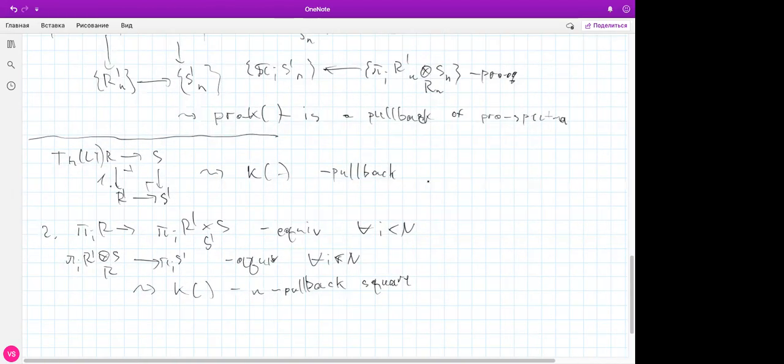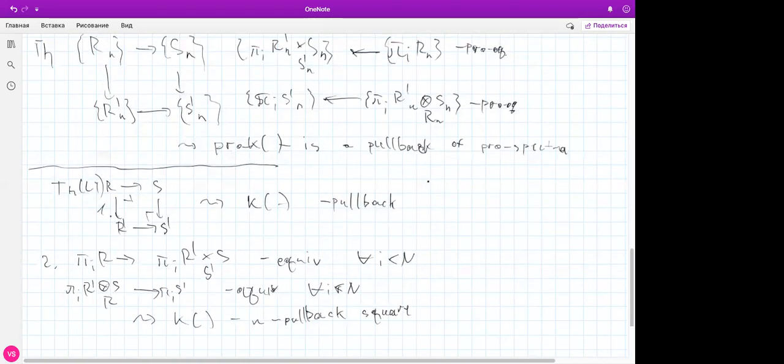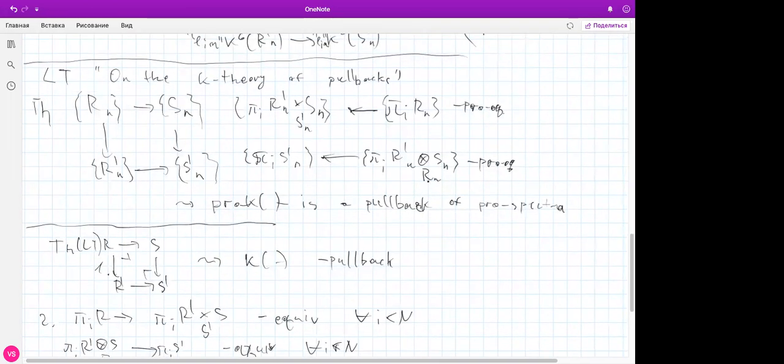And I somehow think that this is the most important part of the whole thing, because in the pro-excision result, if you claimed that this map from R_n to the pullback is a pro-equivalence, and that the map from the tensor product to here is a pro-equivalence in whatever sense, you need to make some sense of this. But you can just say that it's a pro-equivalence of spectra.